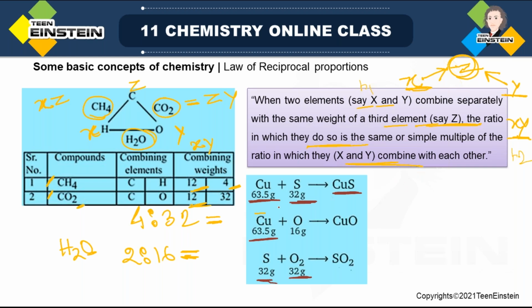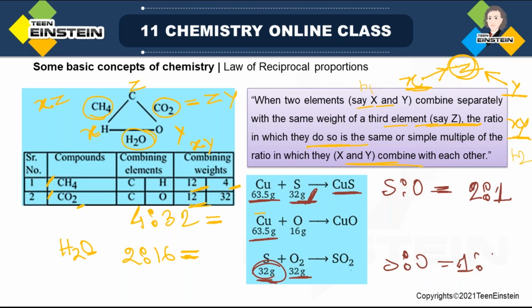So in the first case, the mass of copper is fixed. Now if I take the ratio of sulfur and oxygen, it will be 32 and 16. That means it is 2:1. In the second case, if you take the ratio, it will be 1:1.